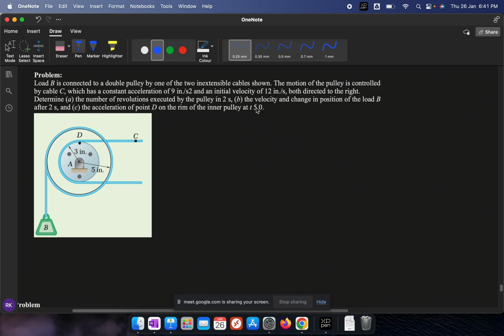Here it is at t equal to 0. Are you guys trying or not? Solving, trying. Yeah, try it.